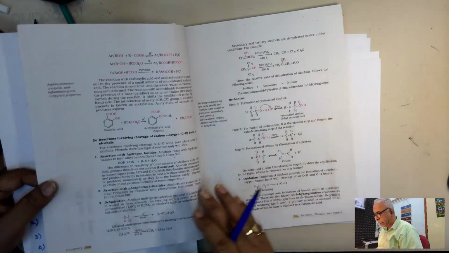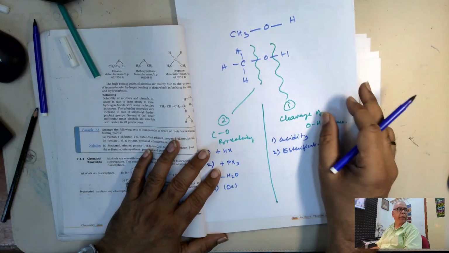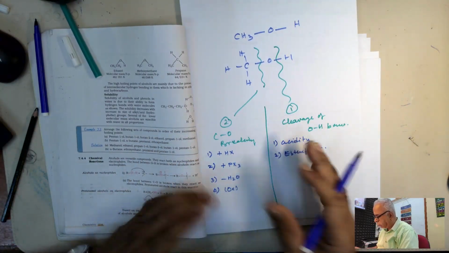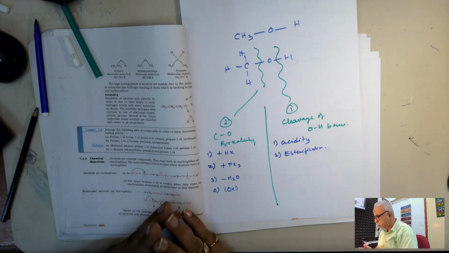That is a separate topic, so we'll discuss phenol later. In between we'll be discussing special reactions associated with phenol because it has an aromatic ring. Now we have how many reactions? Only five reactions, that's all.